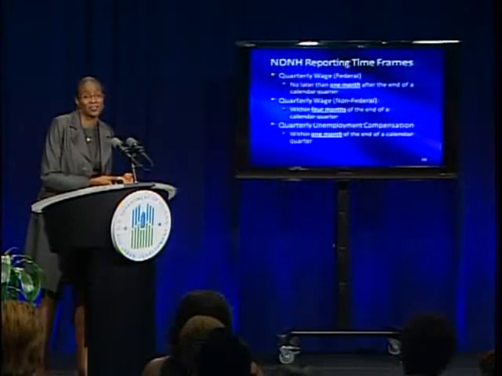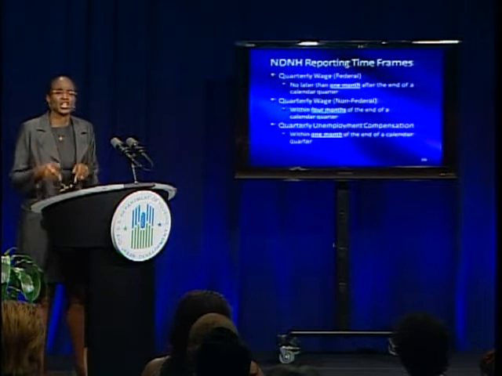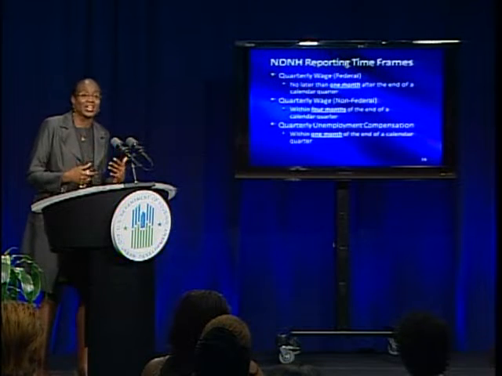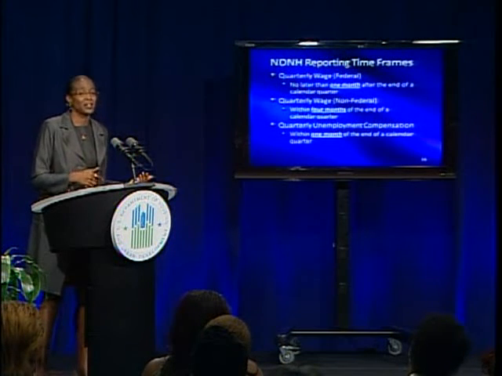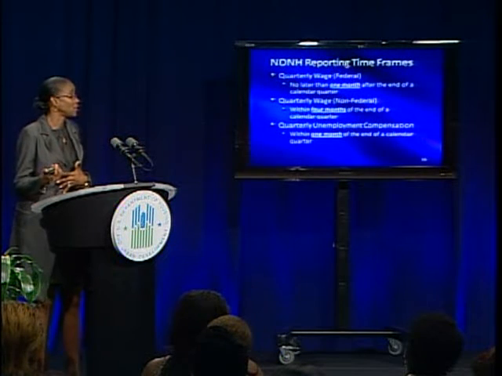However, for your non-federal workers, the employer has 4 months from the end of the quarter to transmit their information. So when this quarter ends on September 30th, they have until basically January 31st to get their data in. So quarter 3 2010 data is not going to be available to you until February 2011, okay?